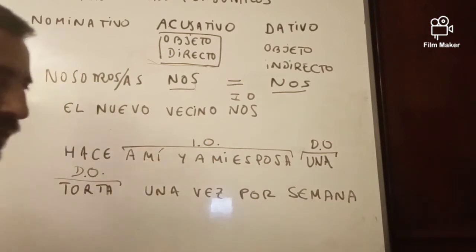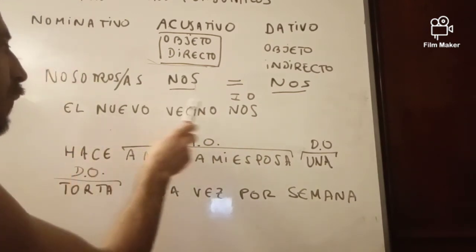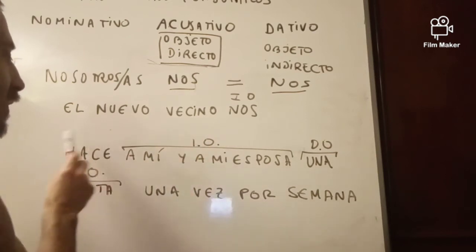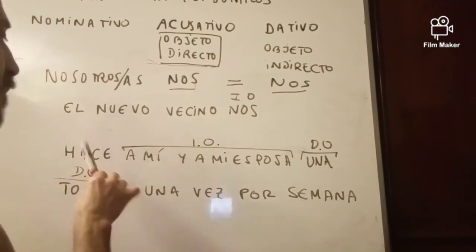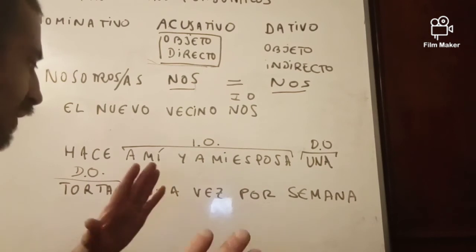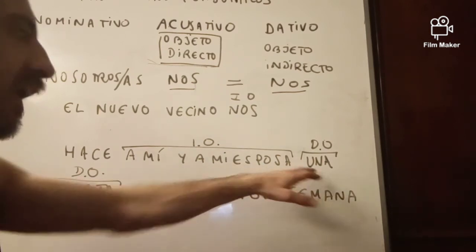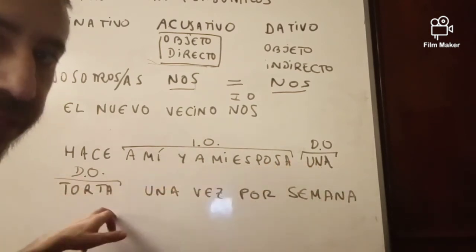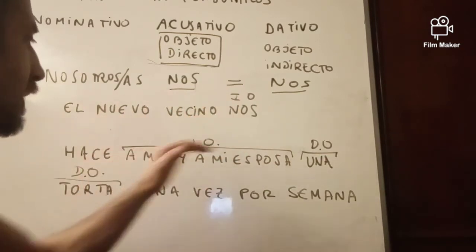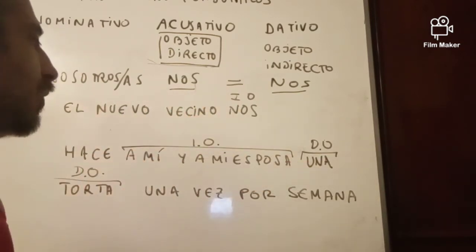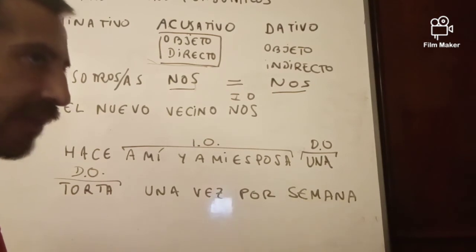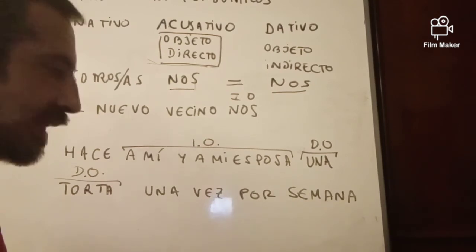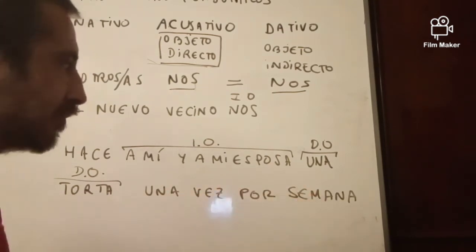The translation is as follows. The new neighbor makes a cake. This means a cake. The new neighbor makes a cake for my wife and me once a week.